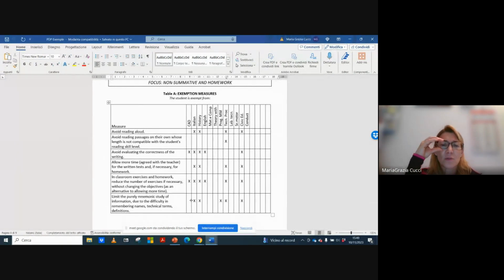Of course, if you need, I don't know, in history to remember some data, you can use an empty scheme only with the data and ask the student to reason about the situation and to put the situation on the data that you already defined for him or her.